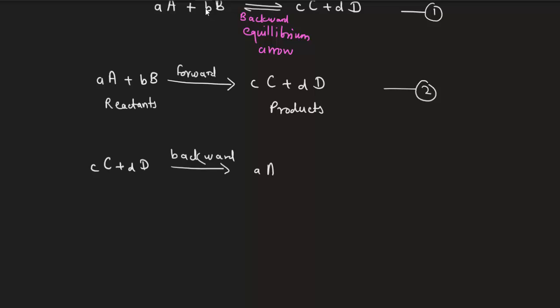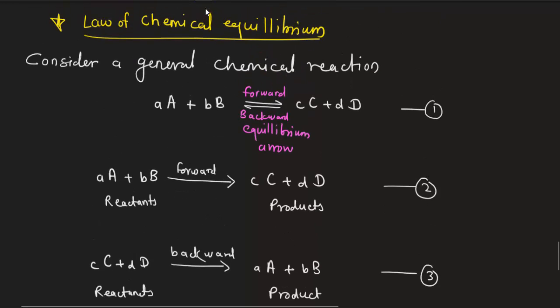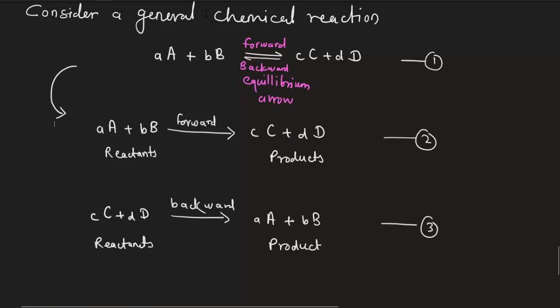It will form A and B. Here these are the reactants in the backward reaction, and these are the products formed. So this is reaction number 3. So we have written this reaction separately as a forward reaction and as a backward reaction.